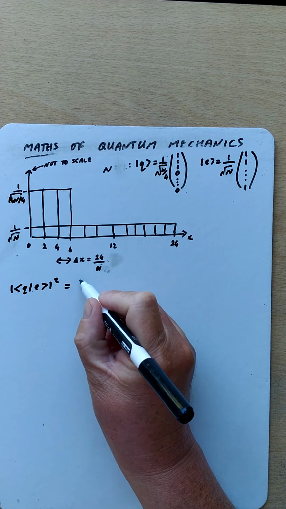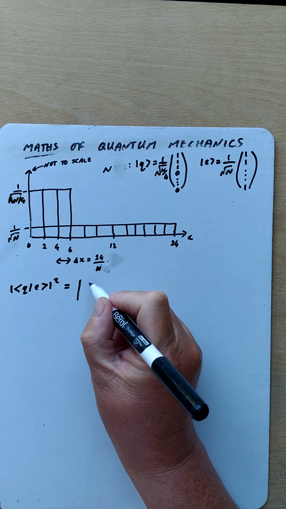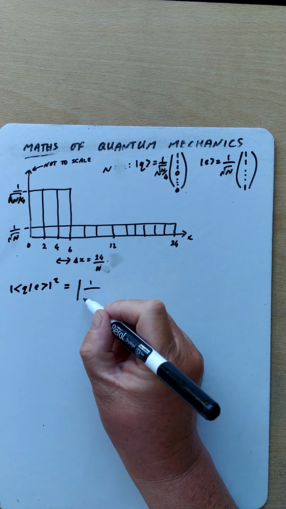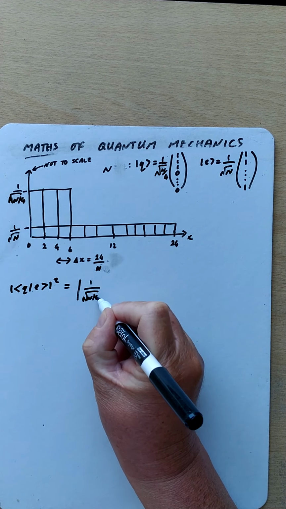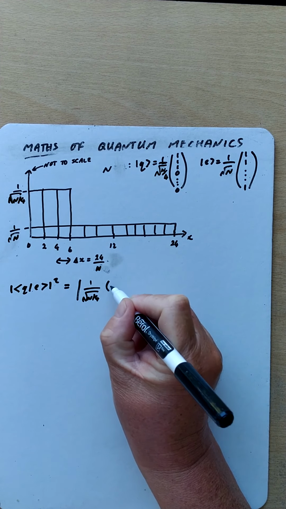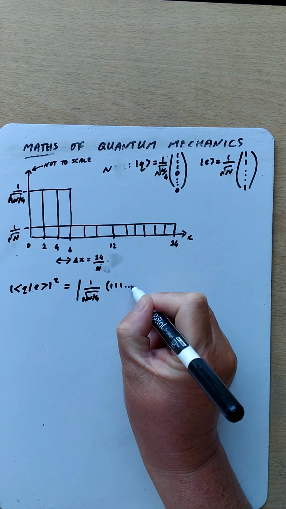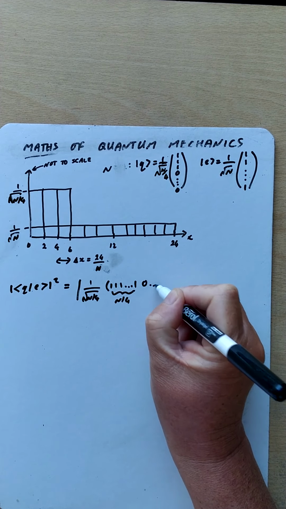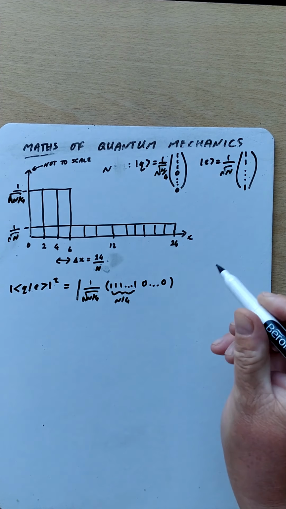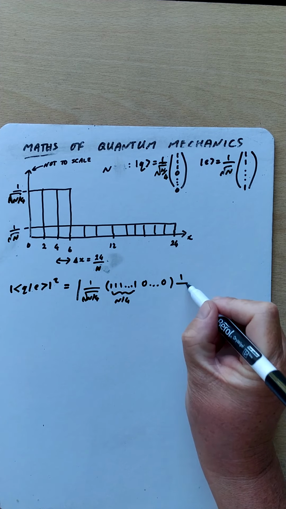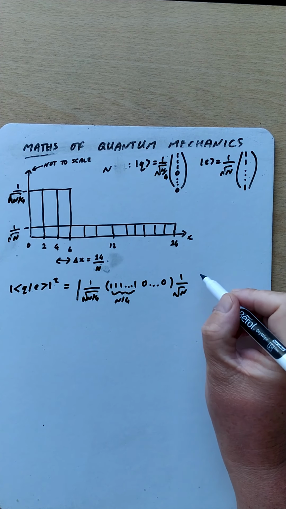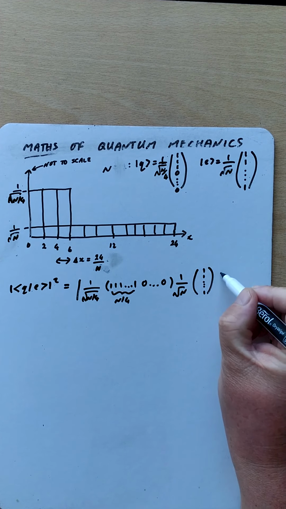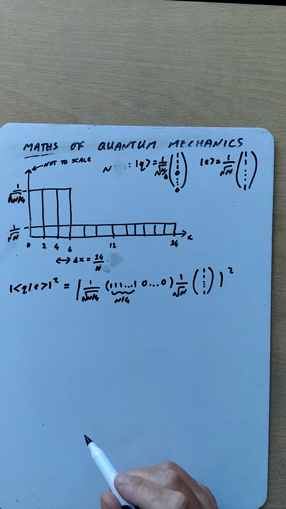So we take magnitudes, and it will be 1 over root n upon 4, and there will be n upon 4 of these, and then the rest will be zeros, and multiply that by root n, and there will be n of these, the whole thing squared.